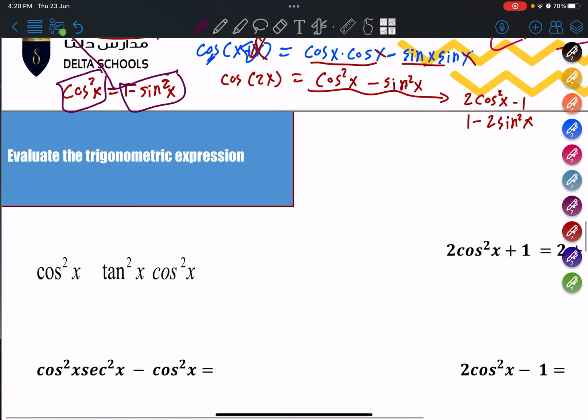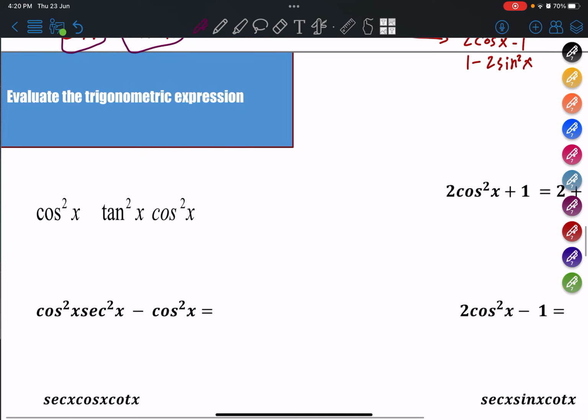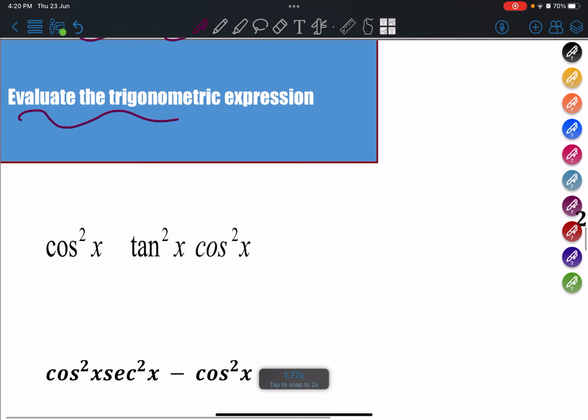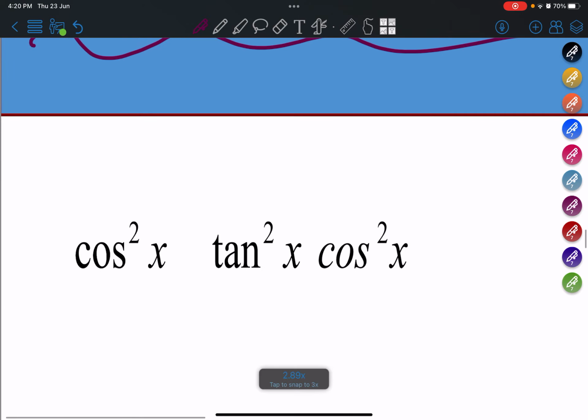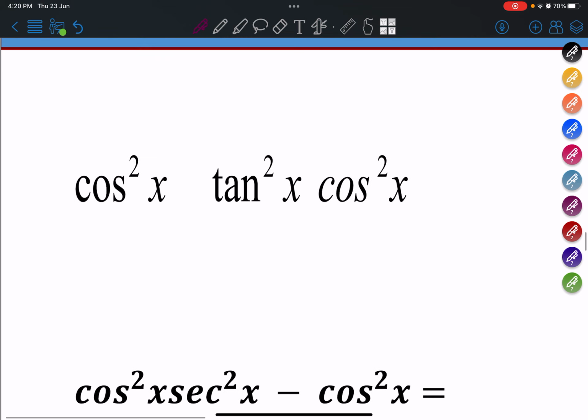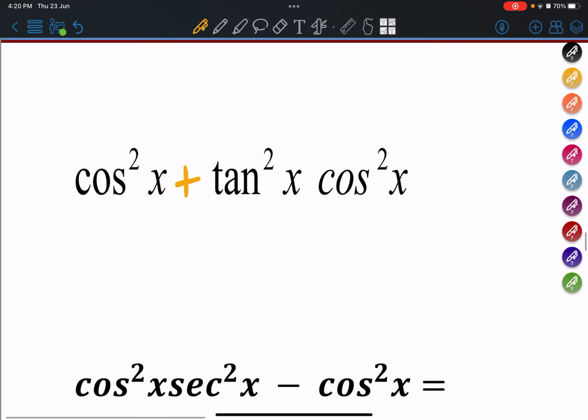I think we can move on. Okay, so more evaluating trigonometric expressions. So here I believe we have plus again. What is cosine squared x plus tan squared x times cosine squared x? Cosine squared x, we write it the same. We won't change anything with it.